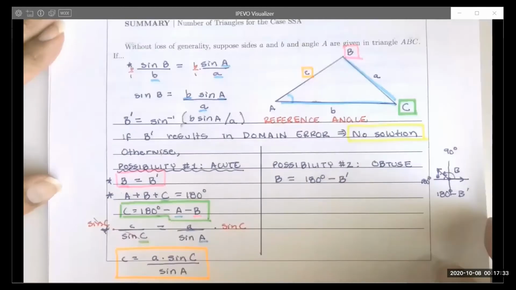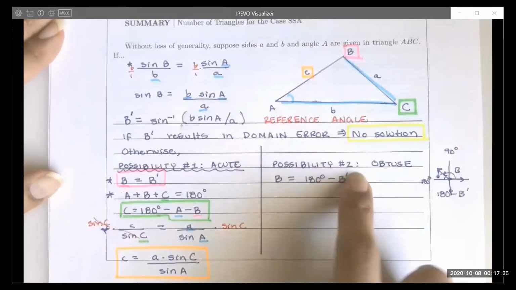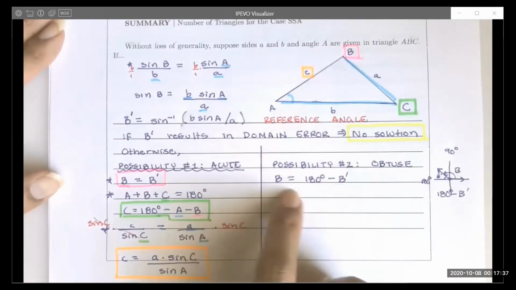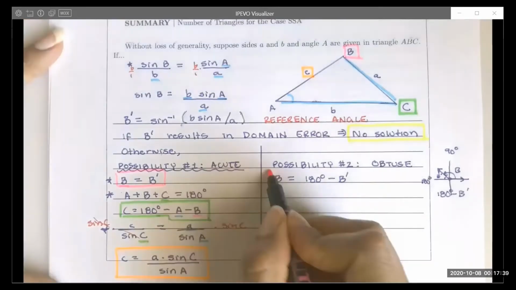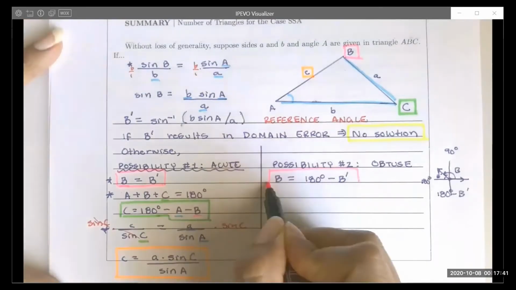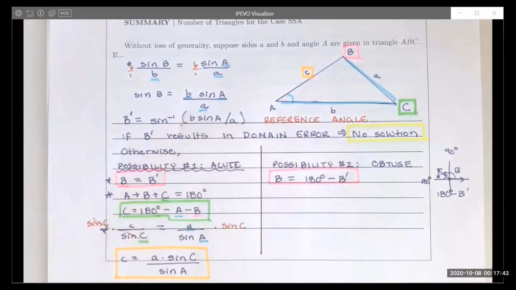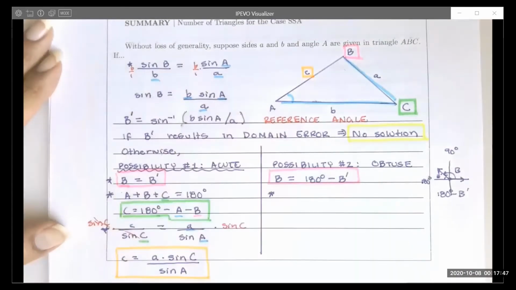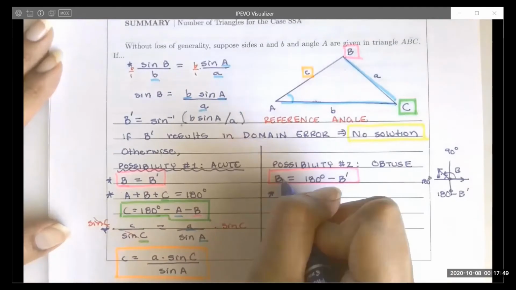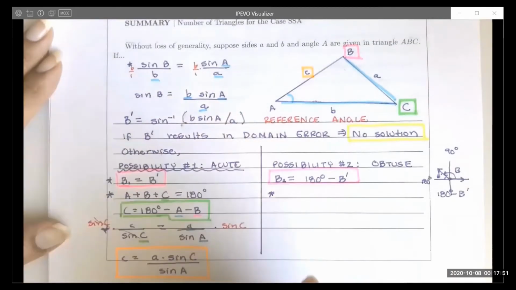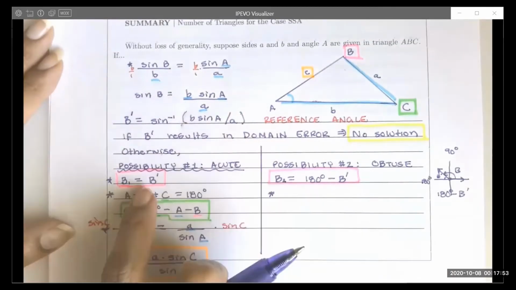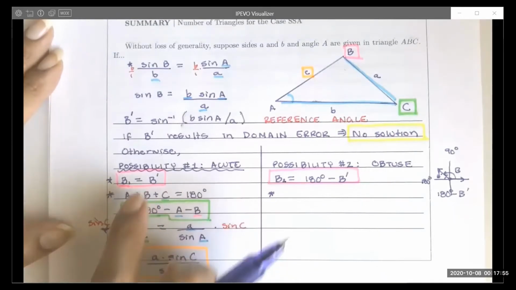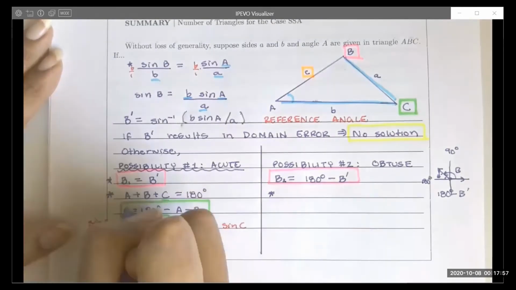Now for the second possibility, possibility number 2, once we find angle B by applying this formula, we would then find the missing angle C. At this point, I'm going to introduce a subscript. I'm going to call this B2 since we already had one angle B in the previous possibility.